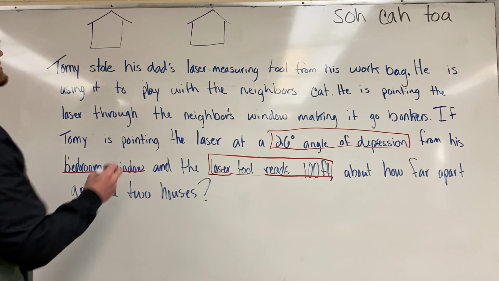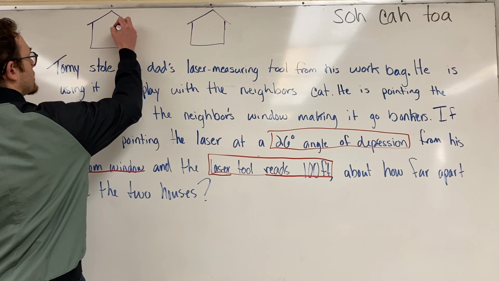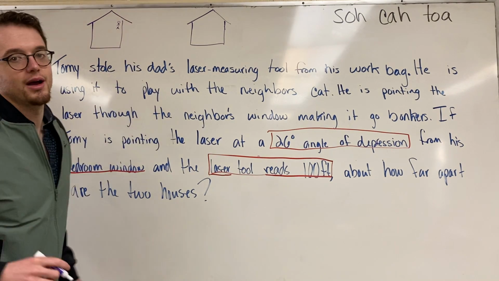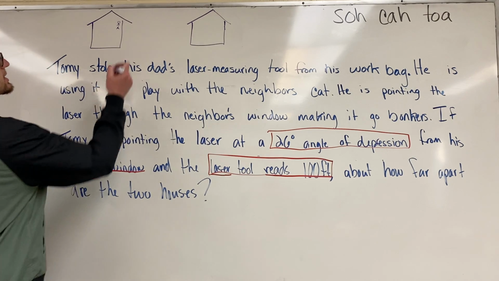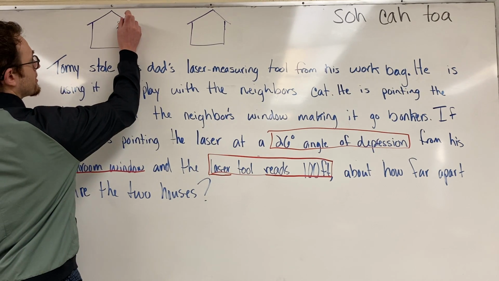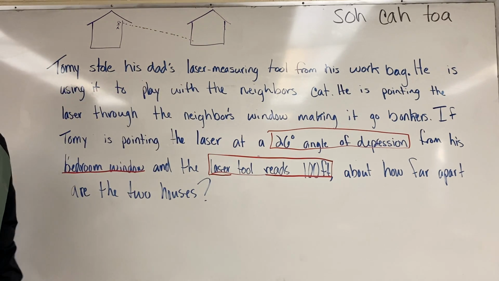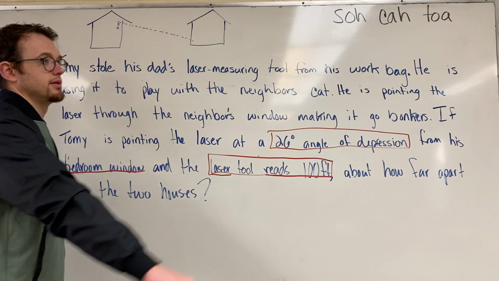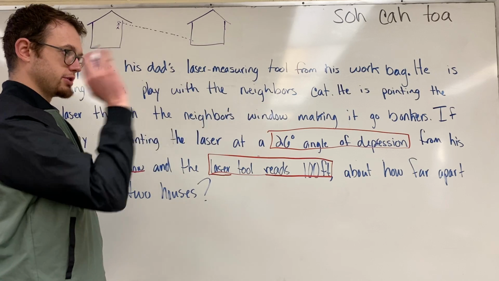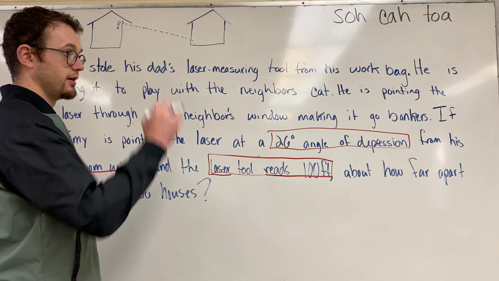So let's say Tommy is maybe on the second floor of the house, or he's on the roof. I don't know. Tommy's sneaky. But he is pointing that laser down. There's an angle of depression. Now that angle of depression is always from, if you're looking straight on. Angle of depression, straight on.